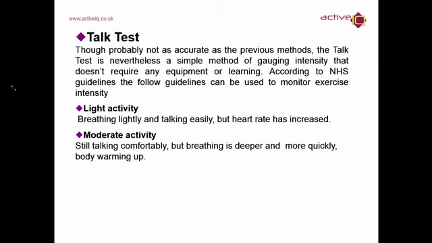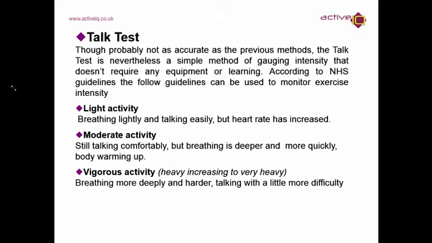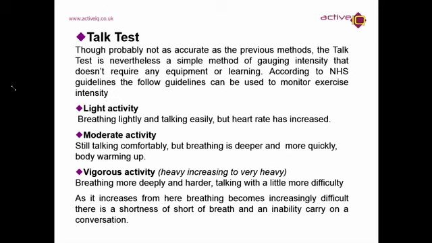And the way the torque test works is essentially, as the trainer, we talk to or hold a conversation with the client. And if the client is breathing lightly and talking easily, they're therefore doing light activity and the heart rate isn't very high. If they can talk comfortably but breathing is deeper and a bit more quickly, that would be classed as moderate activity.